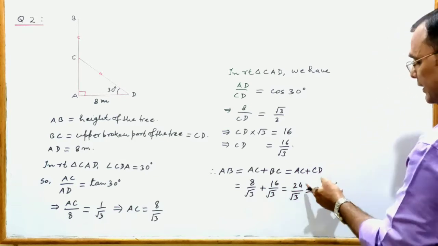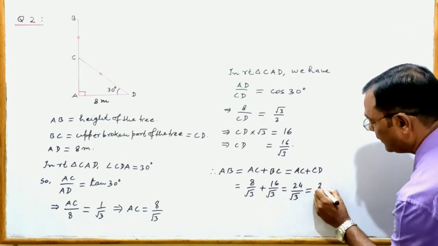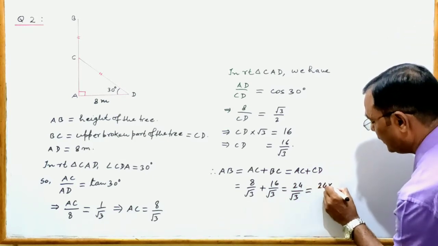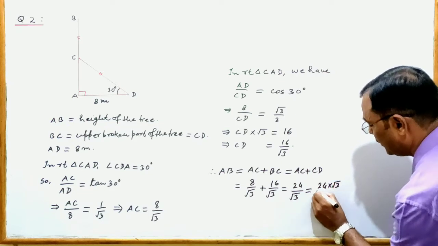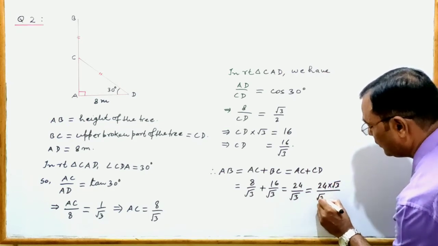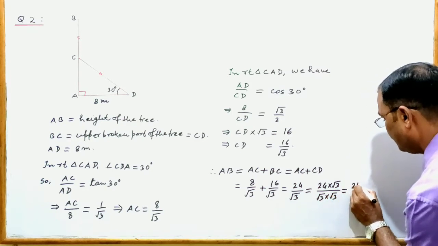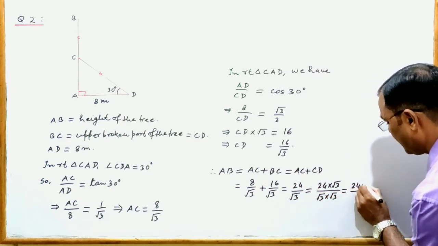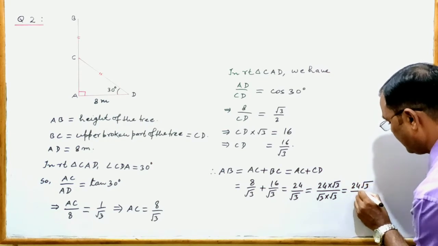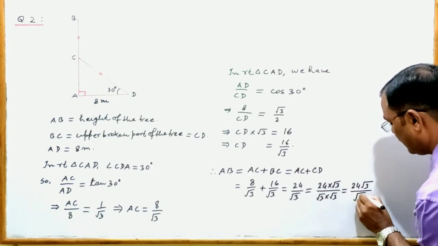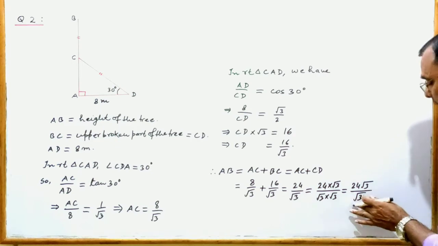If you rationalize it, you can write 24 into root 3 by root 3 into root 3, equal to 24 root 3 by root 3.